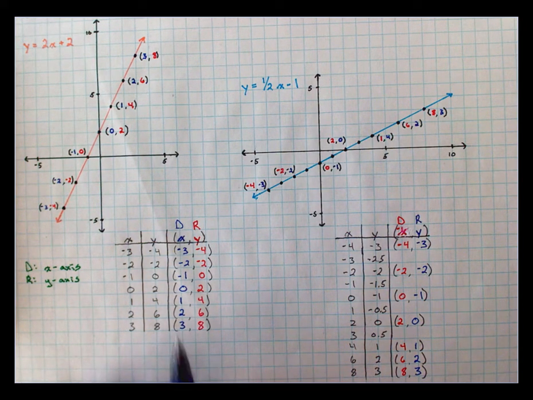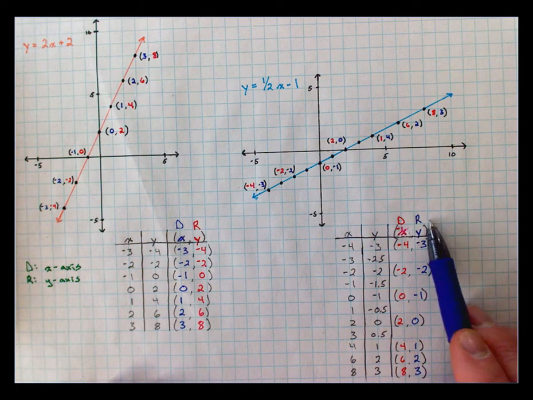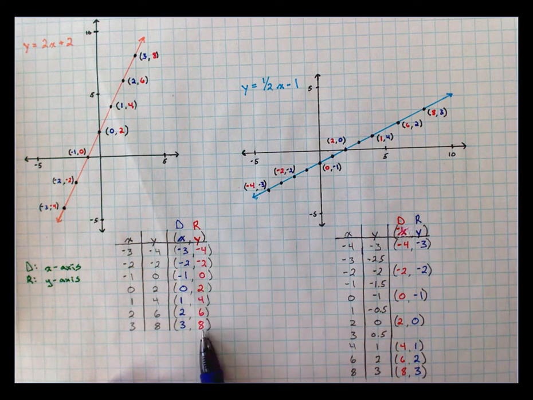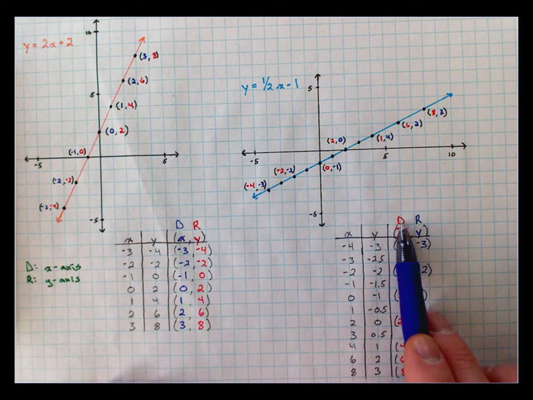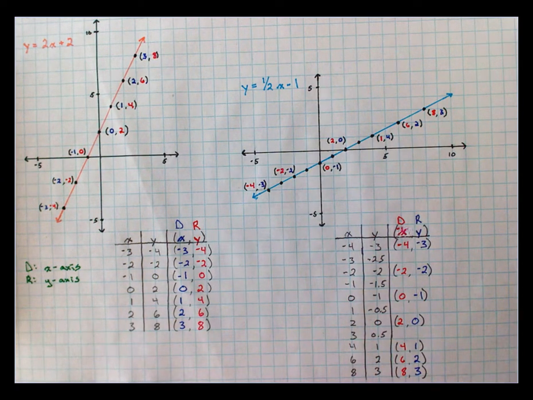If you will look, my x values became my y values, my domain became my range, my y values became my x values, my range became my domain. They are opposite or reversed of each other. What was once domain, after I take the inverse, becomes range. What was range, once I take the inverse, becomes domain.